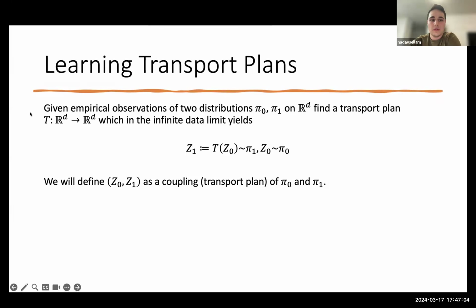If we have this transport plan, we will denote Z0 and Z1 as a coupling or a transport plan of pi0 and pi1. I'd like to note that there is a slight difference between a coupling and a transport plan. A coupling is more like a discrete version of a transport plan, but I will use them the same for this talk.